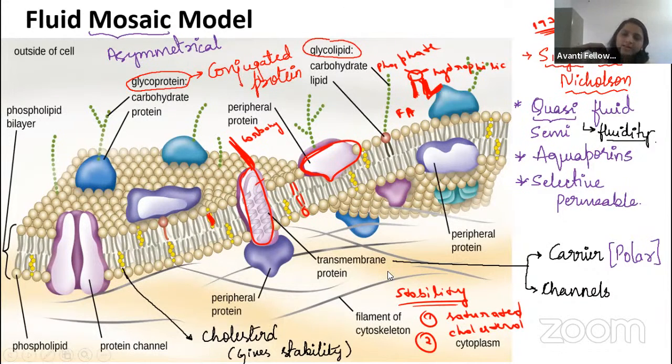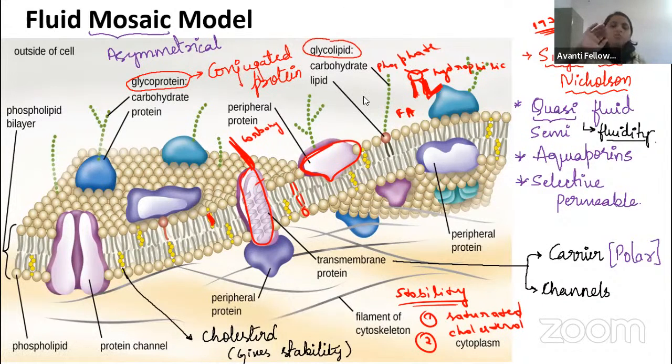I have told you that the transmembrane protein acts as a carrier and also as channels. Not all molecules will be permeable in the plasma membrane. So let us go to permeability now. Which molecules can be permeable? Now you tell me, is a hydrophobic molecule easily permeable through the plasma membrane?